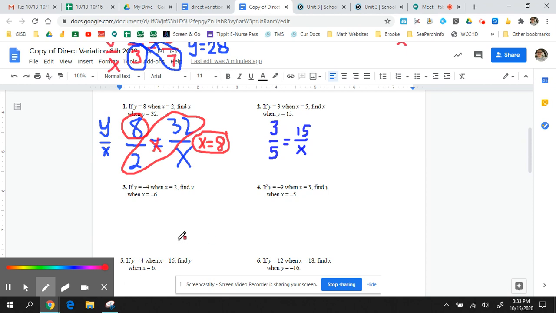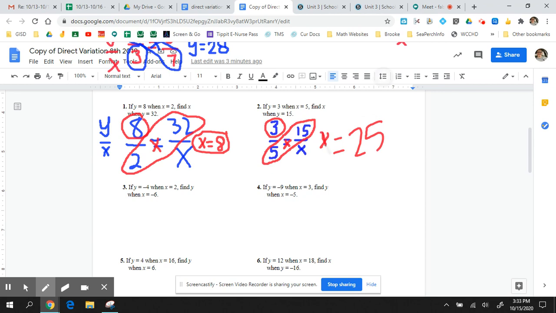You can push pause. All right, welcome back. I really hope that you multiplied 5 times 15. These are the two that you multiply, and then you're going to divide by 3. So in your calculator, you should have gotten 75 divided by 3, where x equals 25.